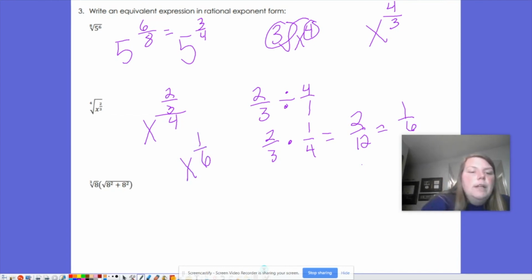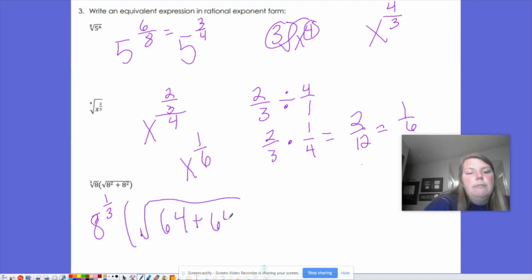And then the last one, we want to first simplify what's inside the parentheses. So I'm going to go ahead and change this outside to 8 to the 1/3, because the 8 is to the 1st power right now. And then we have the square root of 8 squared is 64 plus 64. Excuse me. And we can go ahead and add those together.